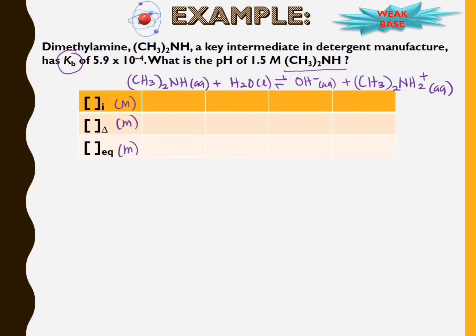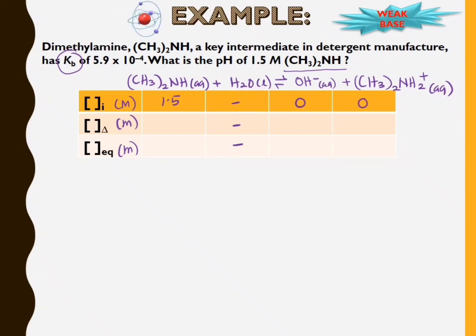Alright. Next we want to solve. In the question we have the initial concentration for this amine, 1.5. H2O is just a dash, not involved in this calculation. OH minus and the other ion are 0, because the reaction has not started yet.